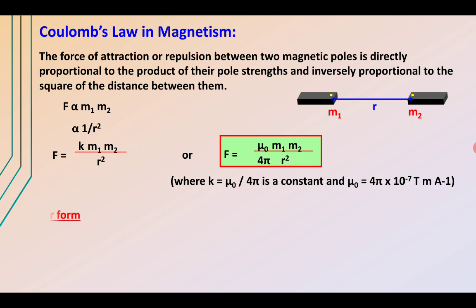And in vector form, we can write Coulomb's law in magnetism as F vector equals mu naught upon 4 pi m1 m2 upon r square into r unit vector.